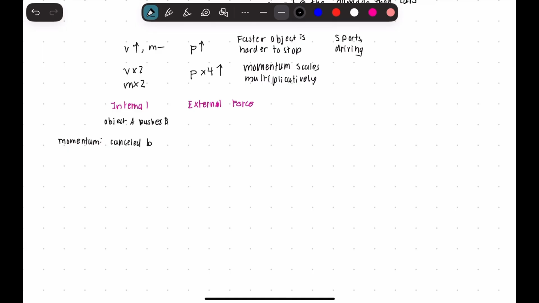It's canceled by Newton's third law, and it doesn't change the system momentum.